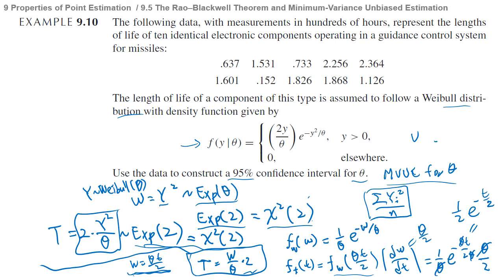And let's construct a confidence interval using the pivotal method in the next slide. So far we defined T as 2Y squared over zeta, and this follows a chi-square distribution with 2 degrees of freedom. We know that our sufficient statistic is the sum of Yi squared.